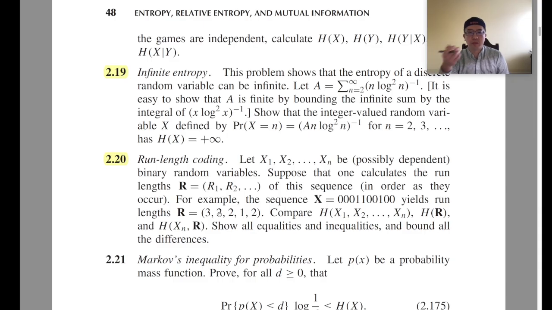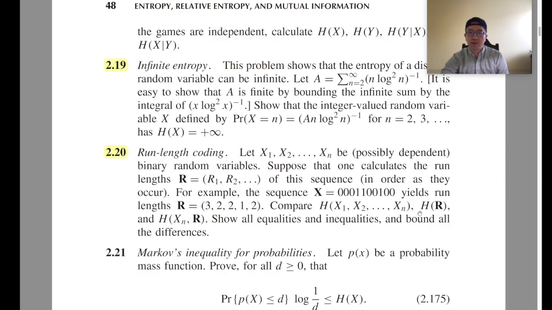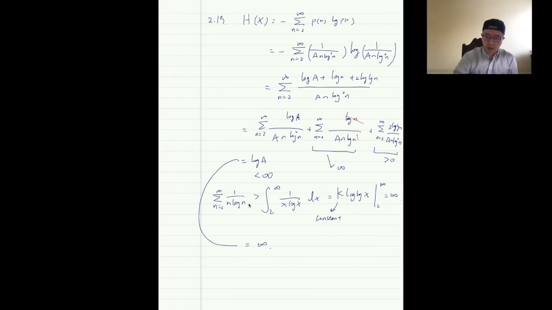But we also need to tell the initial point, whether it's 0 or 1, right? If that is the case, then we can decode X successfully, right? So now the question is to compute this entropy and this entropy, show their relationship, and also bound the differences. Okay, let's see how we can do that.